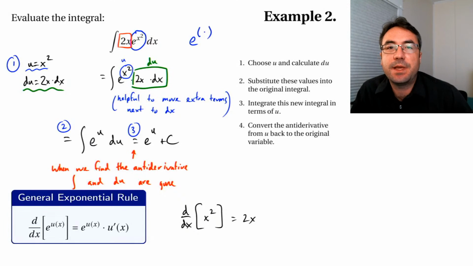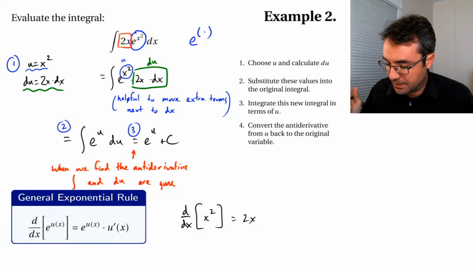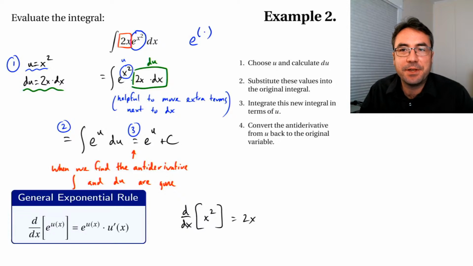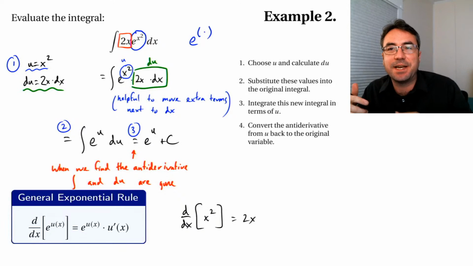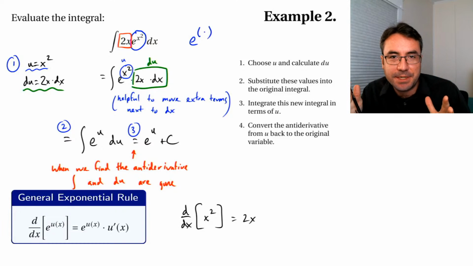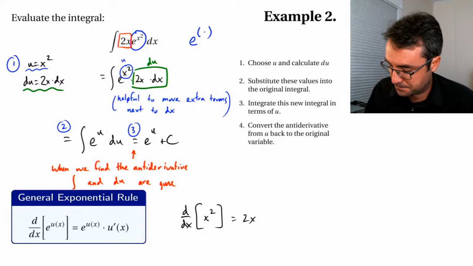So same thing goes with antiderivatives. Once we find the antiderivative, we don't keep writing the integral sign, and we don't keep writing the differential. So that's a very good question, because that is a common issue that I see is people will do antiderivatives, but I'll still keep seeing integral signs and du's floating around. So as soon as you do the antiderivative, integral sign's gone, du is gone.